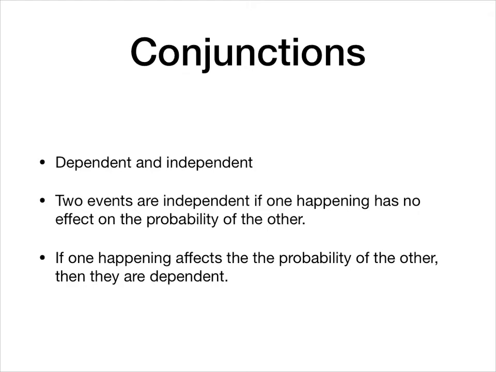Example would be getting heads on the first coin toss, then getting heads on the second coin toss. They are independent events. So getting heads the first time isn't going to affect the probability of getting heads the second. So we'll see that in a second. If one event happening affects the probability of the other, then they're dependent.